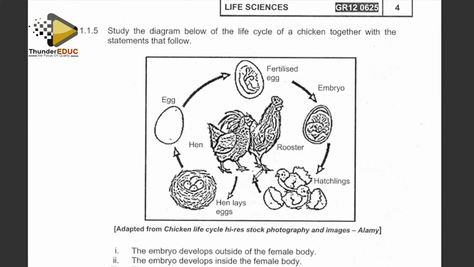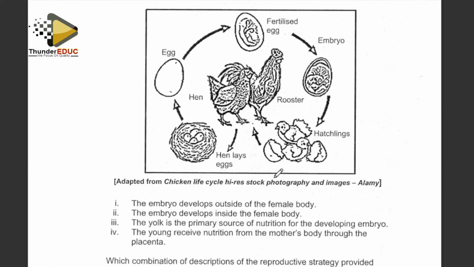All right, they're saying to study the diagram below and try to answer the following questions. In this question, they did not bring 2 or more questions on the same diagram. They just brought 1 question. If you look at it, you have the egg, and the embryo is developing.